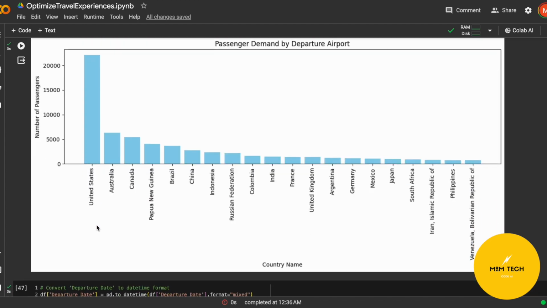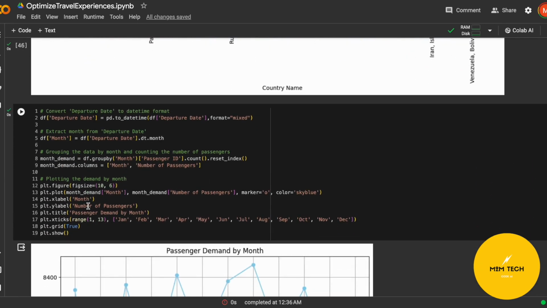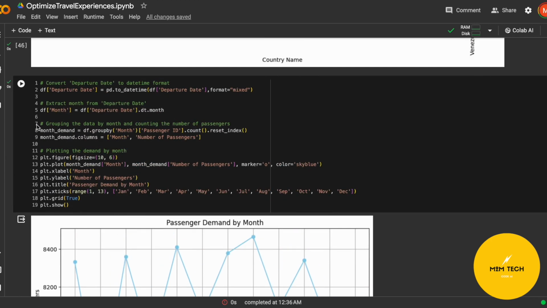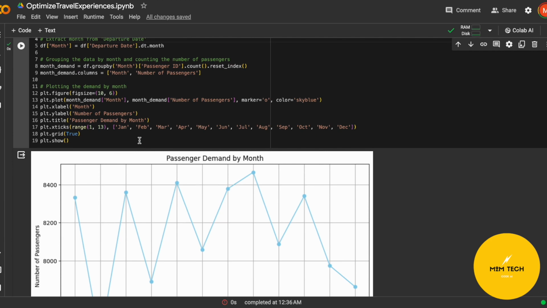Okay, now moving further, I wanted to understand what is the demand of flights per month, and to do that, this is the graph that I created. Just to give an overview of how I went about doing that, I used the departure date to extract the month from it, and then I just group by the month and the passenger ID.